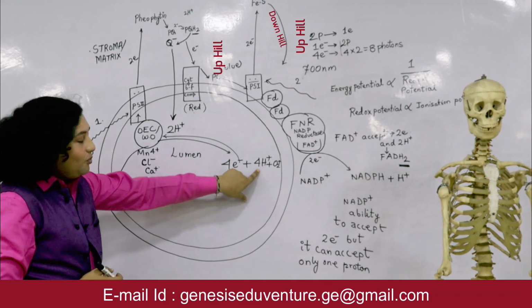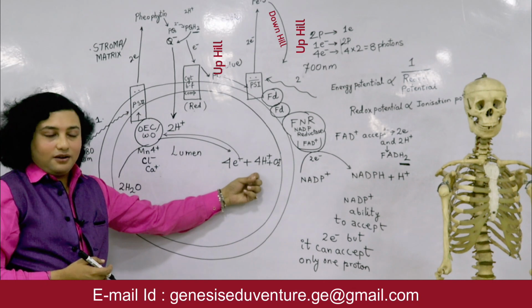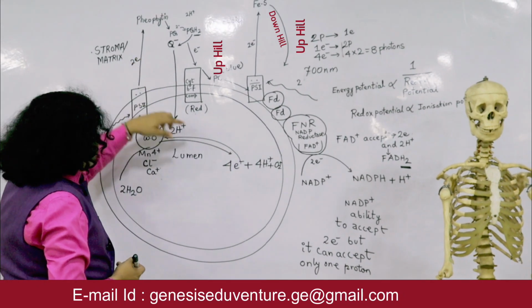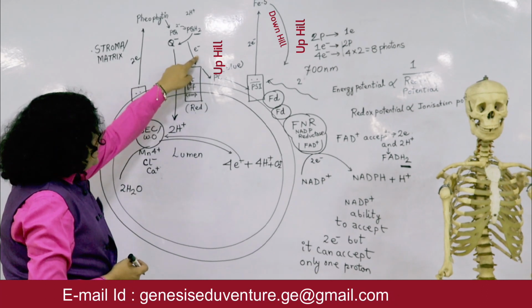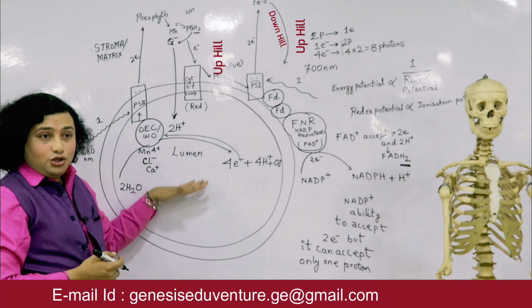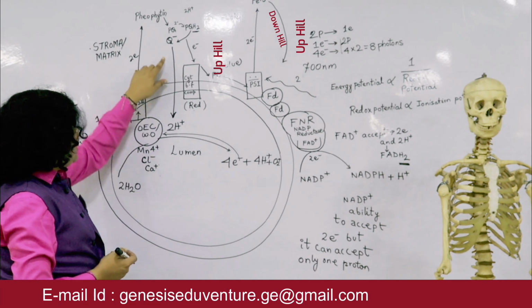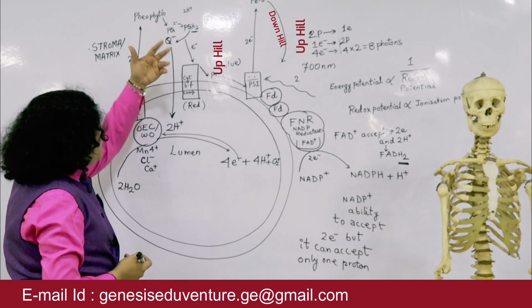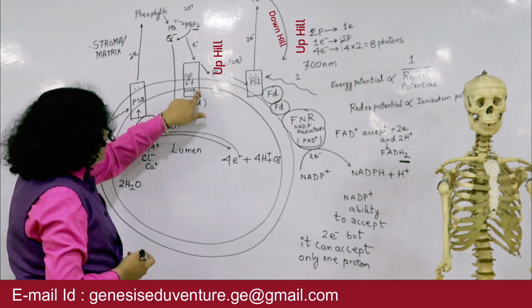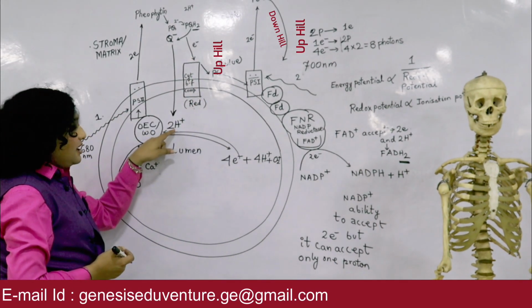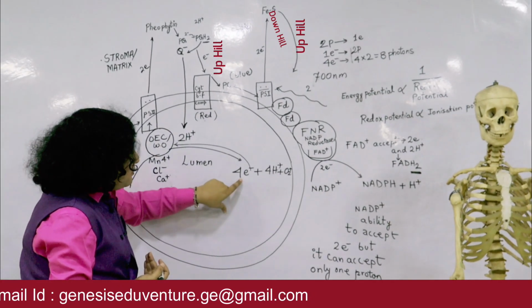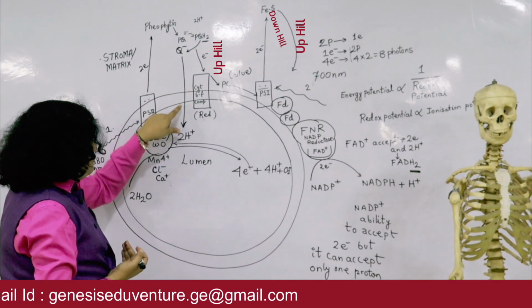Now how many H+ ions are present? Yes, 4 H+ ions are present over here. At the same time, if 4 electrons flow, per electron 2 protons are pumped into the lumen of the thylakoid. Per electron passing from the plastoquinone or plastohydroquinone to the cytochrome BF complex, 2 protons are pumped into the lumen. For pumping 4 electrons, how many protons will be pumped?